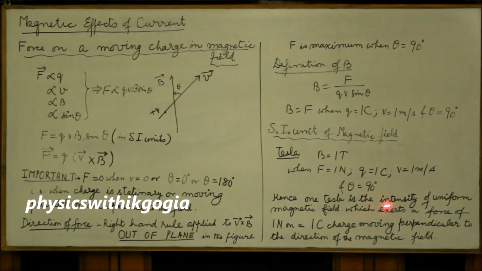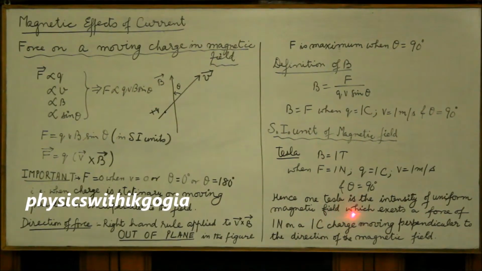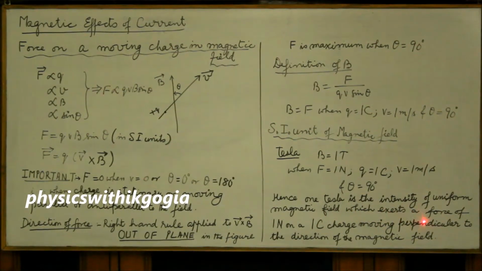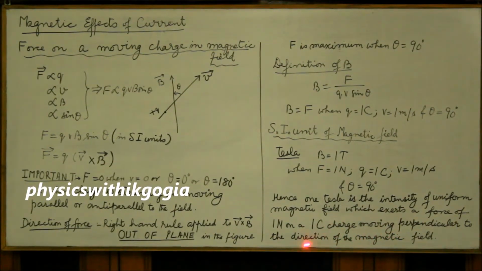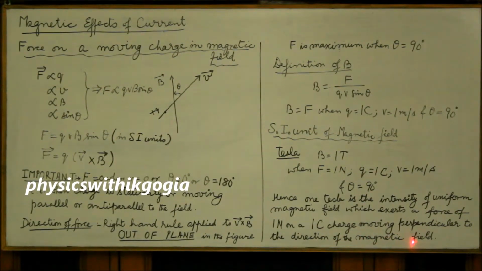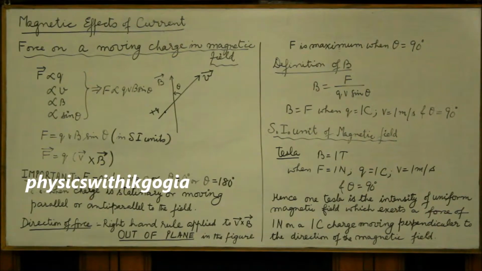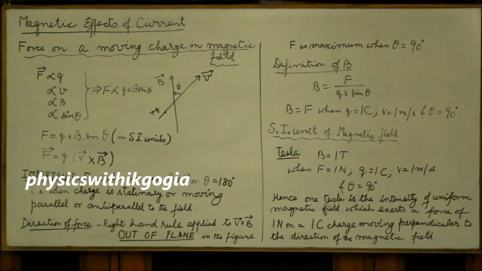Hence 1 Tesla is the intensity of the uniform magnetic field which exerts a force of 1 Newton on a 1 coulomb charge moving perpendicular to the direction of the magnetic field at 1 meter per second.